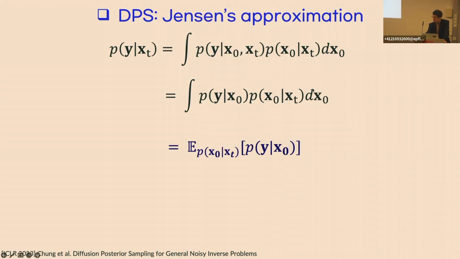And in fact, this equation is the expectation of p(y|x0) when x0 is sampled following this posterior given the noisy image xt. So that means you need to integrate out, and that's computationally very expensive and not feasible.